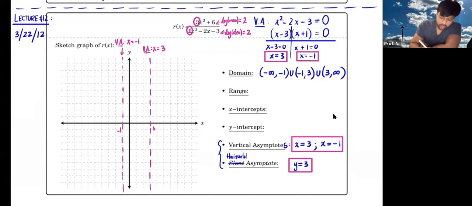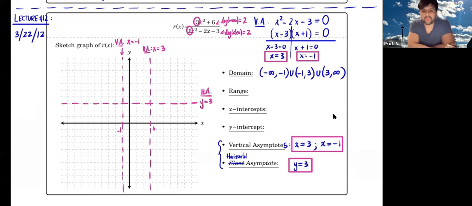So y equals 3, we'll put that somewhere here, y equals 3. Okay, and then the horizontal asymptote is going to affect the range. The range are the y values.